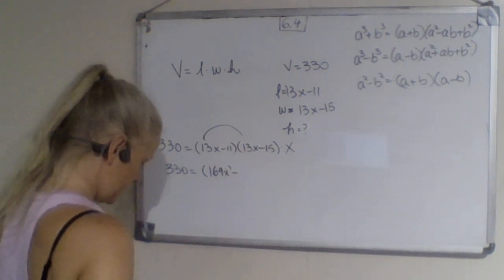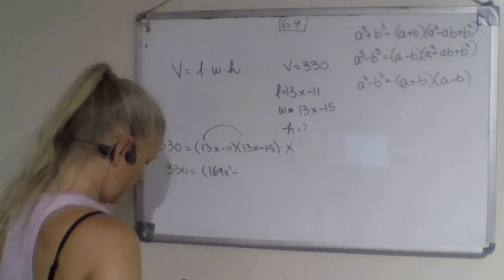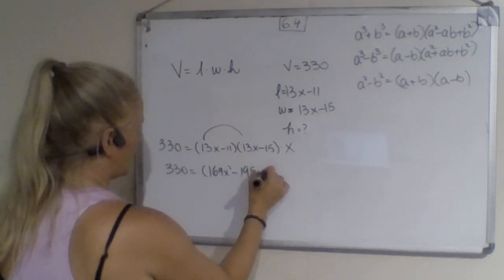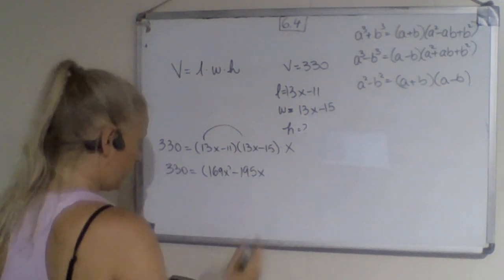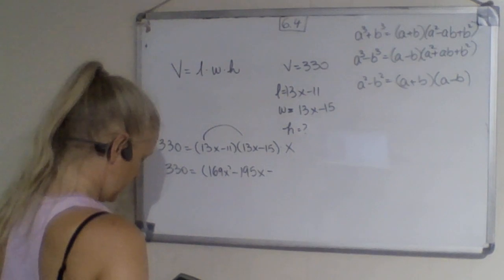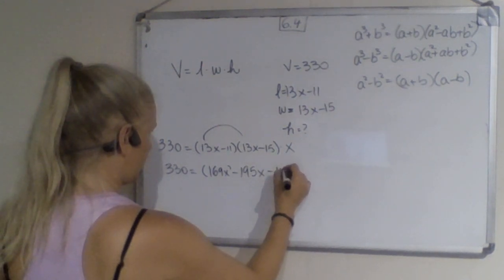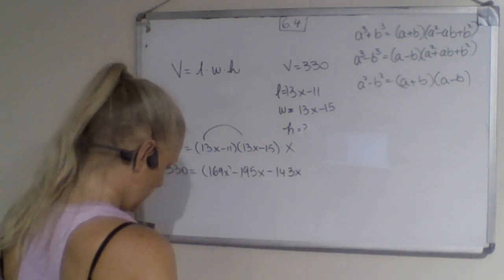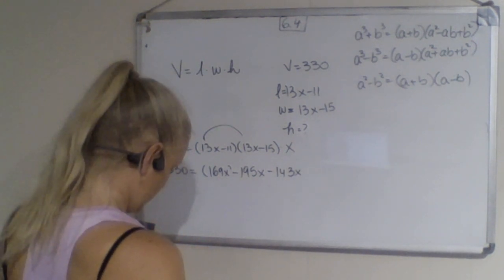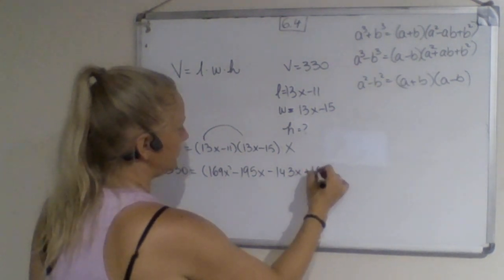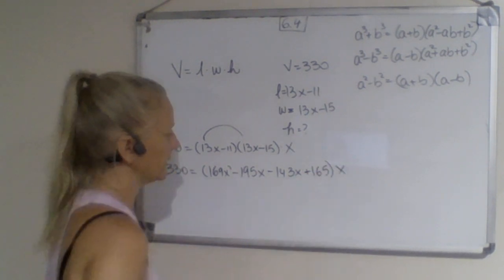My outers is 13 times 15, 195x, minus 11 times 13, 143x, and then plus 11 times 15, 165, and all of it times x.